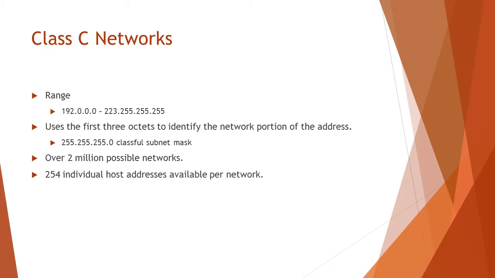Class C networks. The address range for this class goes from 192 to 223. It uses the first 3 octets to identify the network portion of the address and counts with over 2 million possible network addresses, each one capable of supporting 254 individual host addresses.